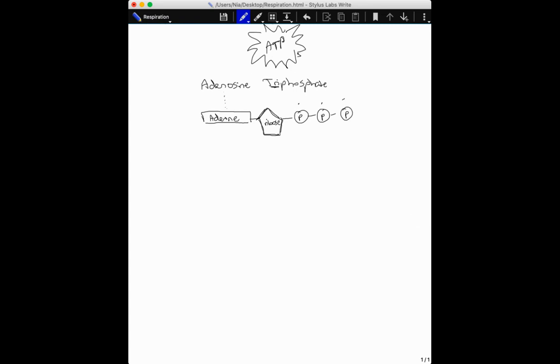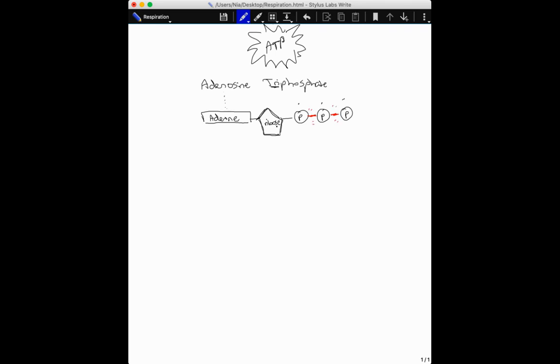ATP is a really good immediate source of energy for the cell. It's an excellent immediate source of energy, but it's a very bad long-term store of energy. And the reason is these phosphate bonds, the bonds between phosphate groups, are very unstable.